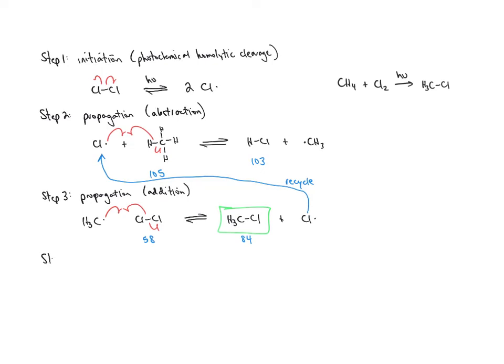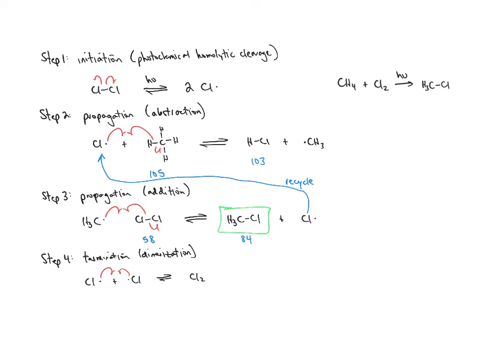So we need to terminate this reaction. So the termination step is, of course, a dimerization mechanism. And so let's say we have two chlorine radicals coming together to give us chlorine.